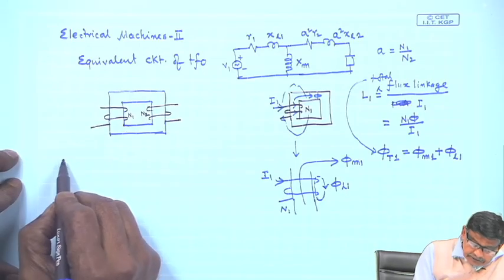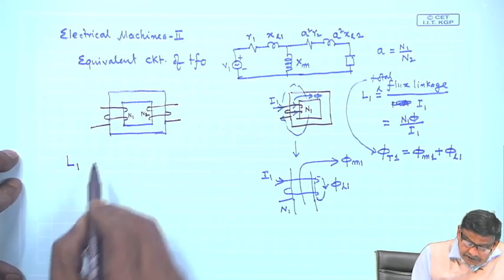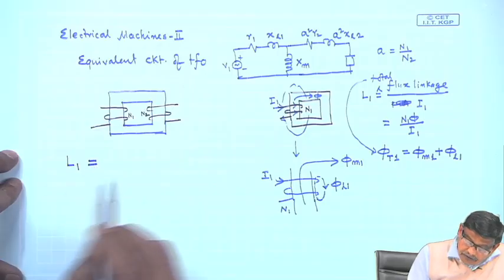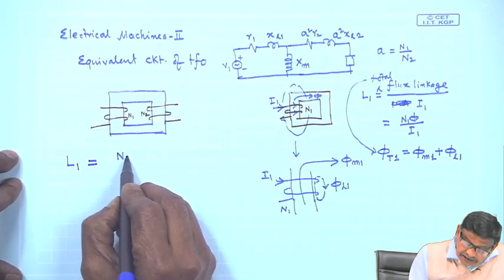Therefore, by definition, the self inductance of the coil will be the flux linkage with the coil.